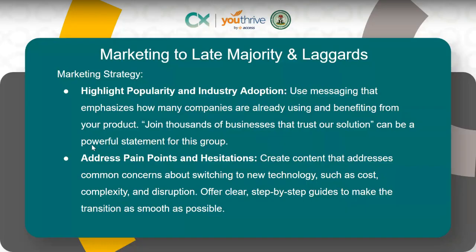So address pain points and hesitation. Create content that addresses common concerns about switching to new technologies. A late majority might literally be the very old boss of a particular organization whose major concern is how to save cost and improve operational efficiency and things like that.